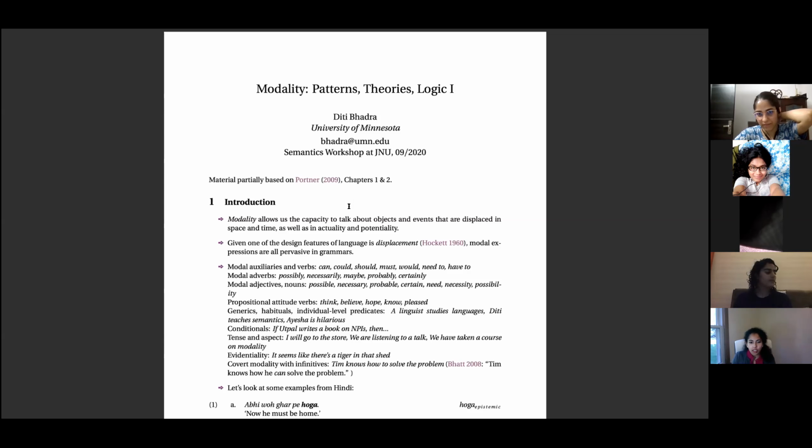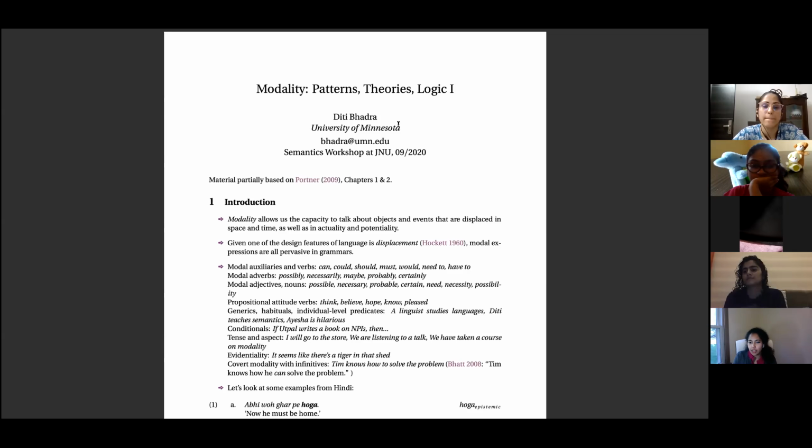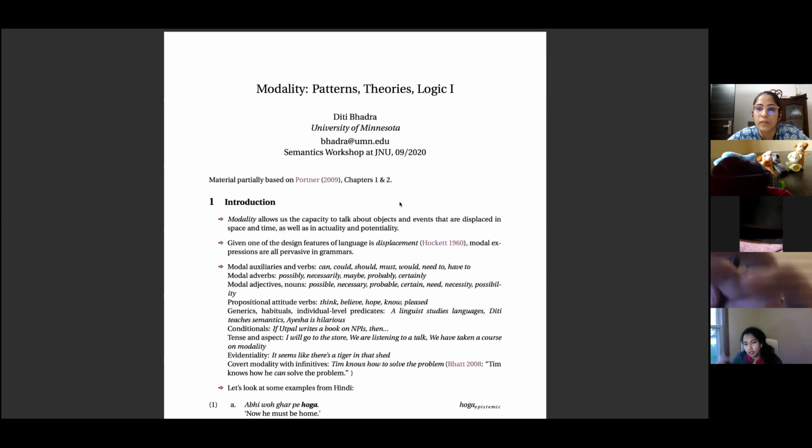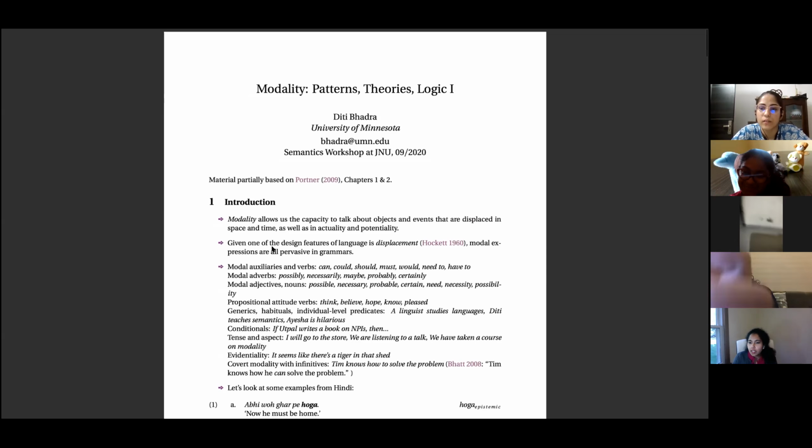So what is modality? It gives us the capacity to talk about objects and events that are displaced in space and time, as well as in actuality and potentiality. So things that could happen, might happen, and things that are not real, that we imagine. One of the design features of language is displacement.